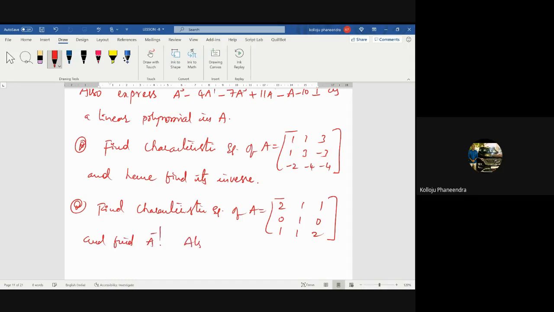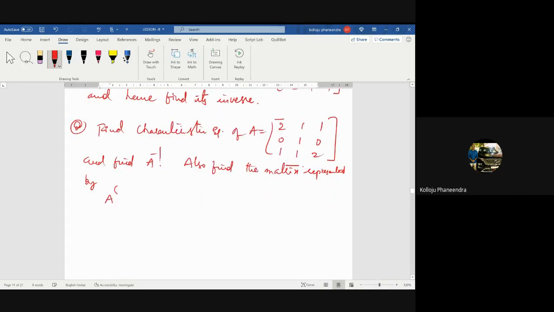Also find the matrix represented by A power 8 minus 5A power 7 minus 7A power 6 minus 3A power 5 plus A power 4 minus 5A cube minus 8A square minus 2A plus I.